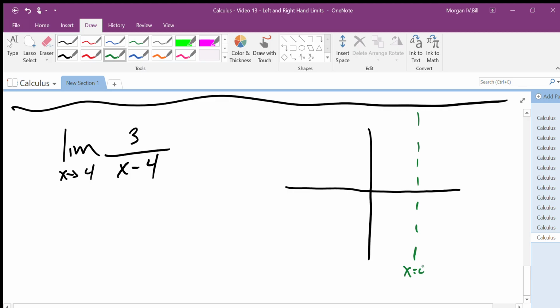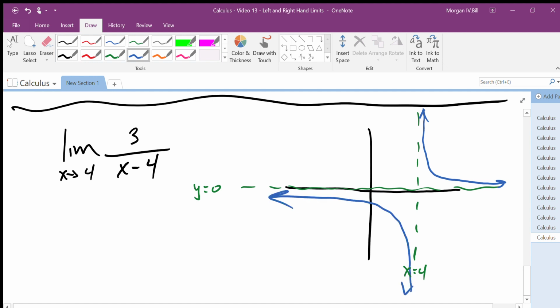Because if x is 4, you're taking a denominator of 0. 3 divided by 0, that's undefined. That's a vertical asymptote. We have a horizontal asymptote at y equals 0. And we get a curve that looks kind of like this. So what I want to know is, what is the limit as x approaches 4?